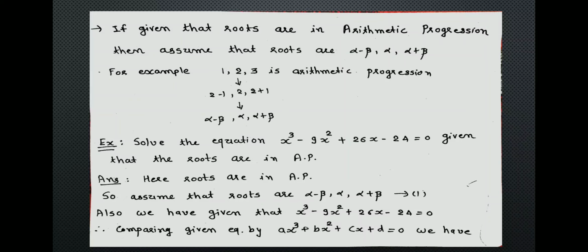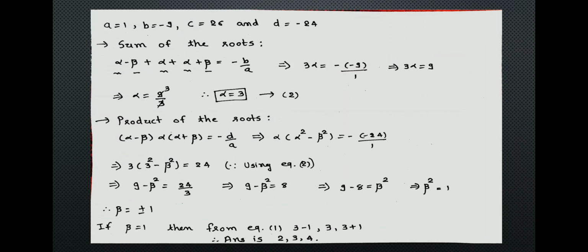Now we are given that x³ - 9x² + 26x - 24 = 0. So comparing the given equation with ax³ + bx² + cx + d = 0, we have the values of a, b, c and d. Here a = 1, b = -9, c = 26 and d = -24. Now we have formulas.